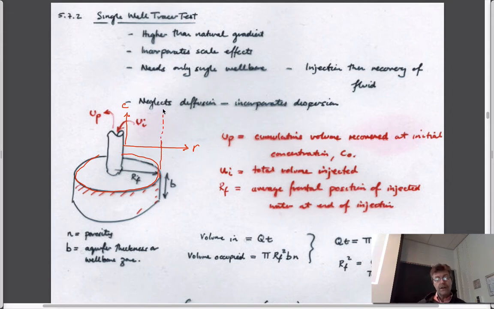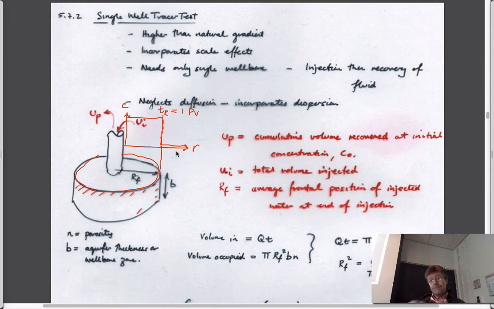So this is the front at time TR, or 1 PV. Right? And if it was plug flow exactly, then you'd expect the concentration profile to look like this. The concentration would have gone as far as the front of the water has gone and no further.